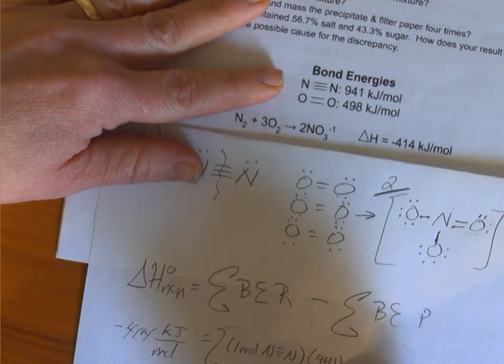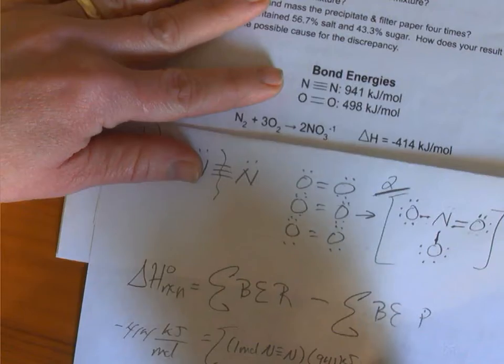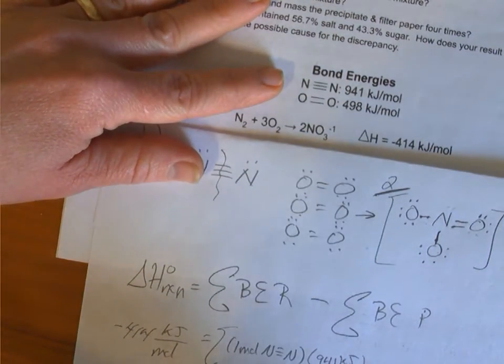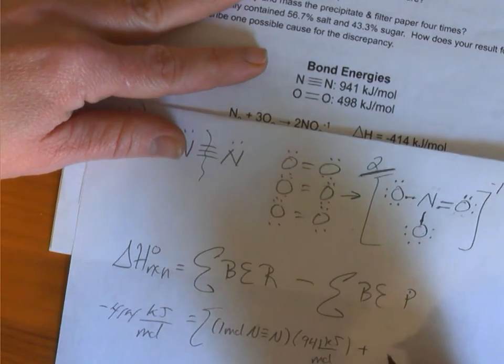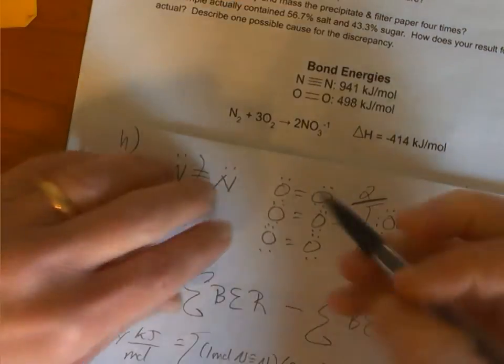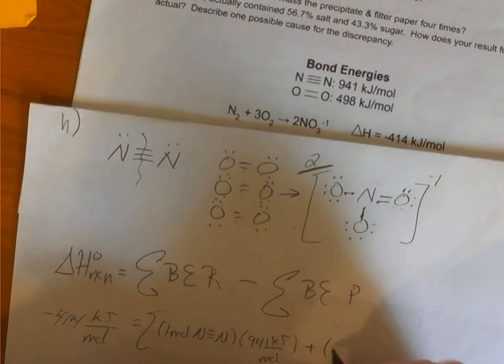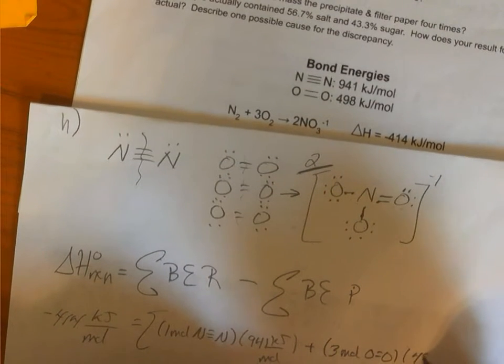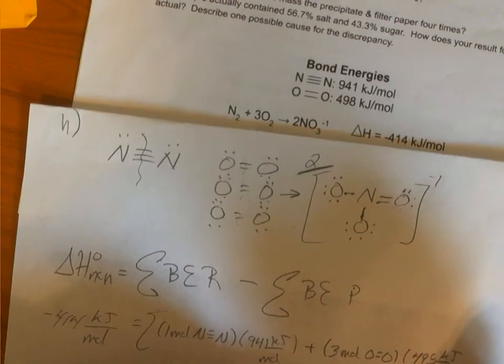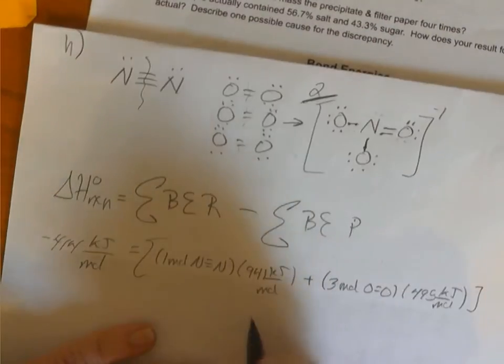Remember, bond energies are always positive because they are the amount of energy that must be invested to break the bond. And I will add that to, now I am breaking 3 of these oxygen double bonds. And that is 498. Okay, and I will subtract from that.